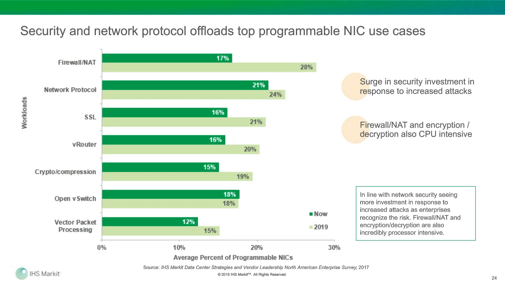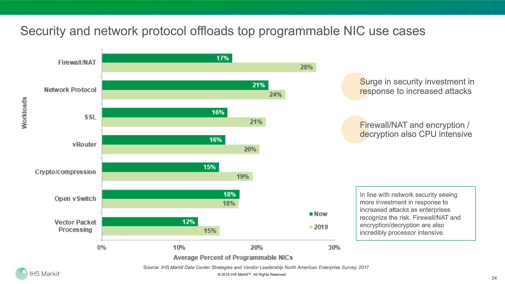Thanks, Danjo. And this is some of the follow-up questions that we asked the North American enterprises that I showed you their response to earlier, the 150 North American enterprises that we surveyed earlier this year. And when we asked them why they're deploying programmable NICs and the workloads that they're using them for, we saw that security is very much at the forefront.